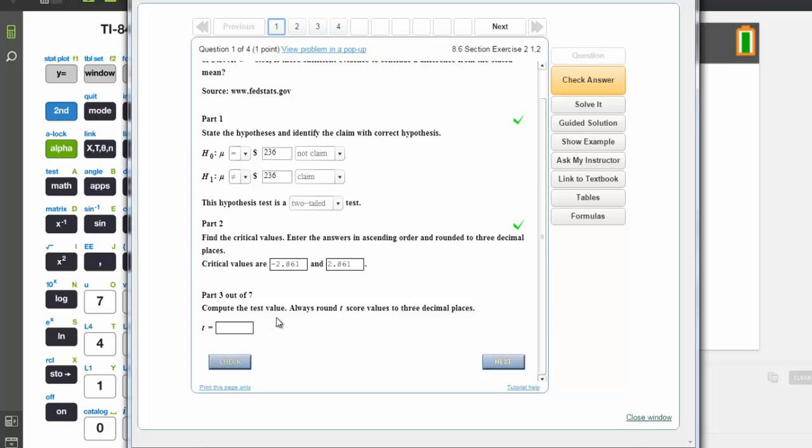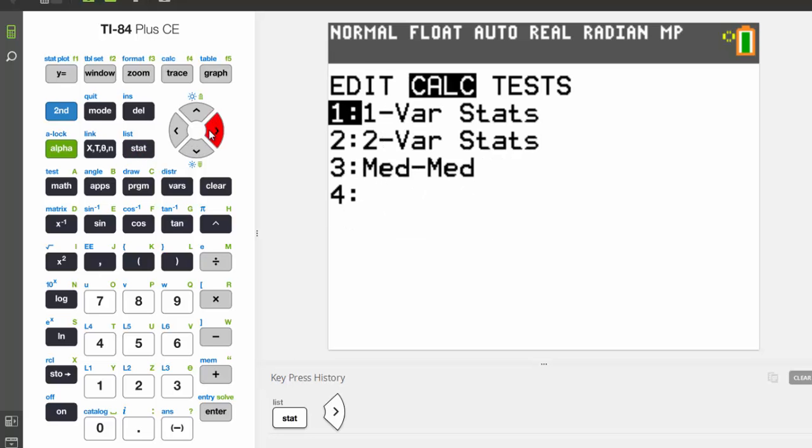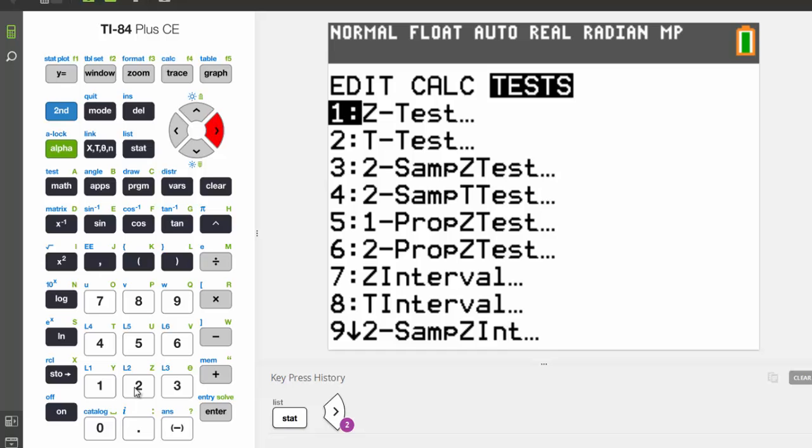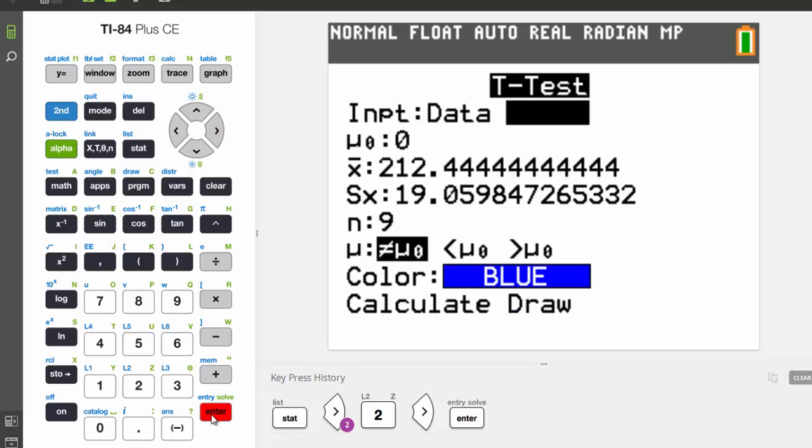We are now to compute the t-test value. We're going to round the t-score to 3 decimal places. We can do that using the TI-83 or 84 calculator by pressing Stat, going over to Tests. Number 2 is t-test. We are going to enter some stats. We don't have a list that has all of the 20 data values in it. What we have are statistics that have already been calculated.